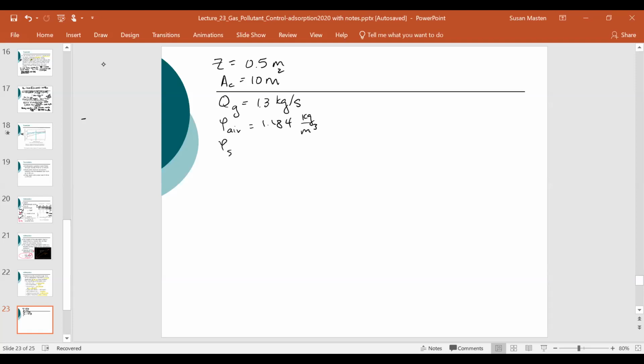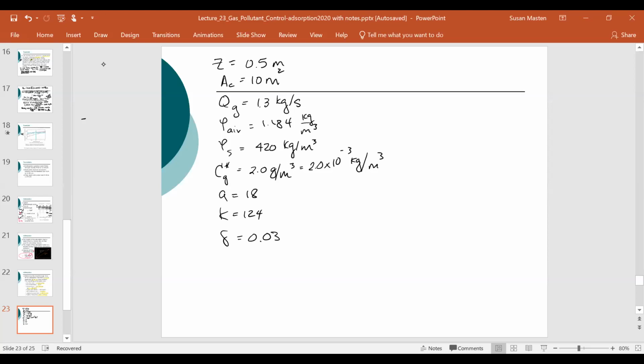The density of the solid, the packed bed, is 420 kilograms per meter cubed. The inlet concentration is 2.0 grams per meter cubed, or 2.0 times 10 to the minus 3 kilograms per meter cubed, so we have the same units. A is equal to 18, that's our Langmuir constant, and K is equal to 124. And we're told that the depth of the adsorption zone is 0.03 meters.